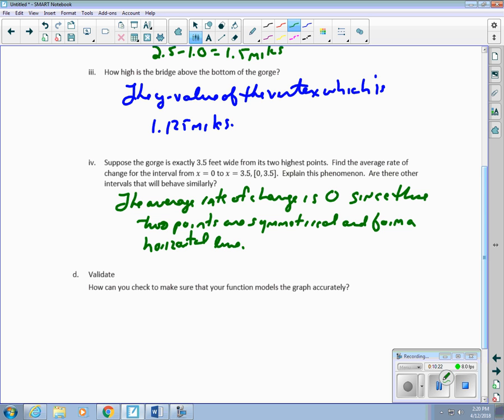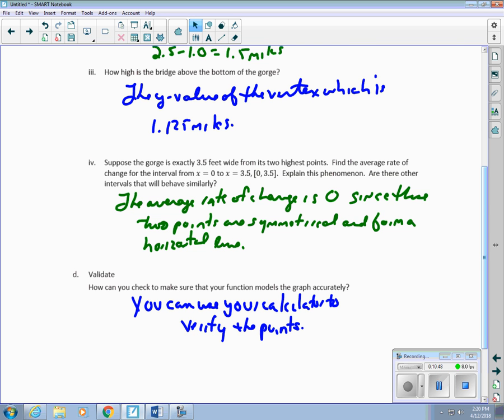And then finally, how can you check to make sure your function models? You can use your calculator to verify the points. All right, so that's our modeling from a graph, which is very similar to work we did earlier in the year.